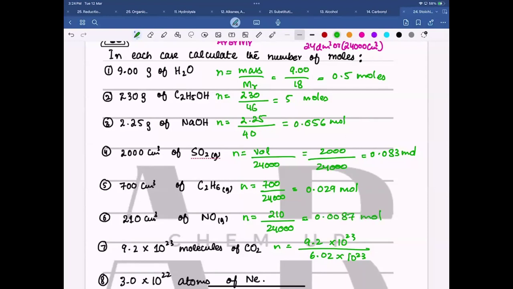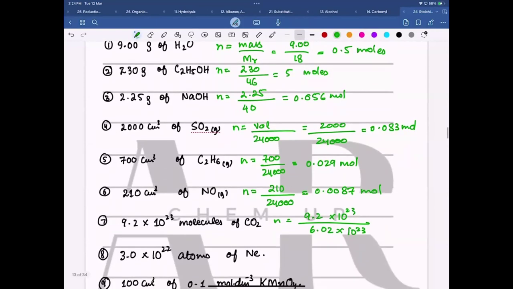More. Okay, so here it's 1.5. Is it 1.5 moles?